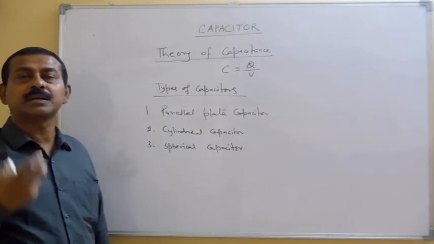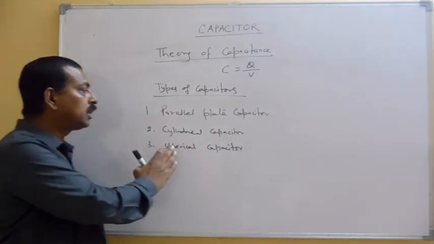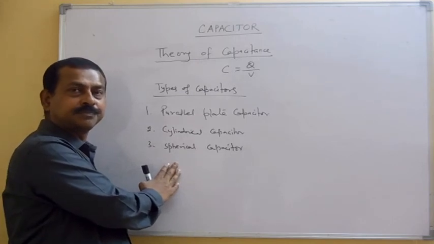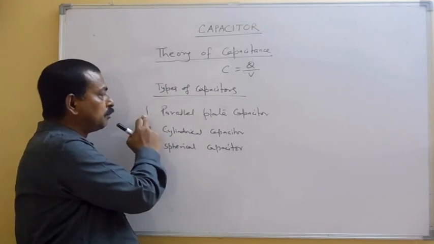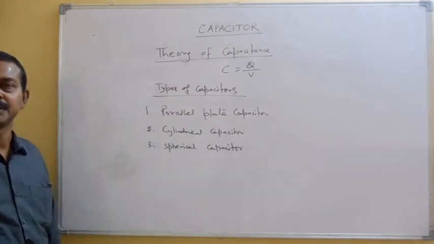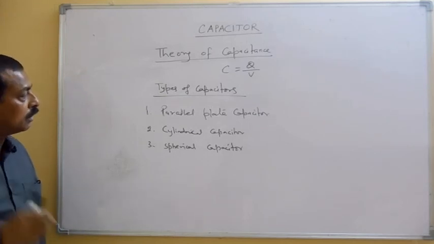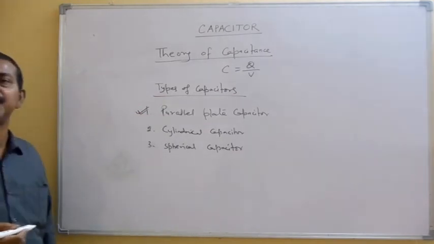If you have a spherical conductor surrounded by a spherical shell, then that will be your spherical capacitor. So these are the three types of capacitors: parallel plate capacitor, cylindrical capacitor, and spherical capacitor. Now, let's discuss the details of the parallel plate capacitor.